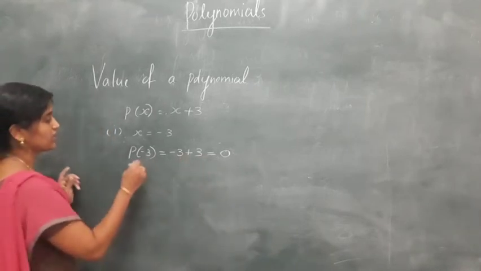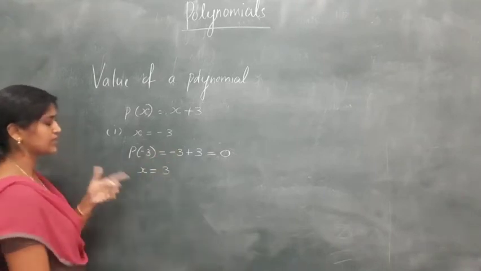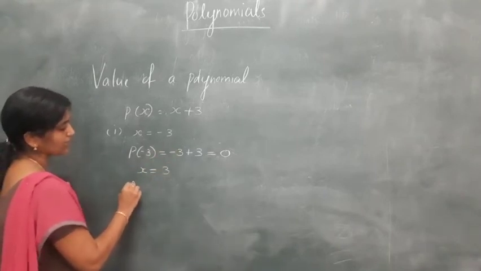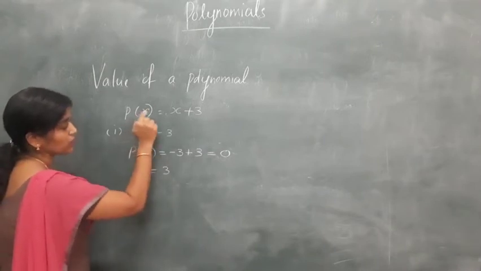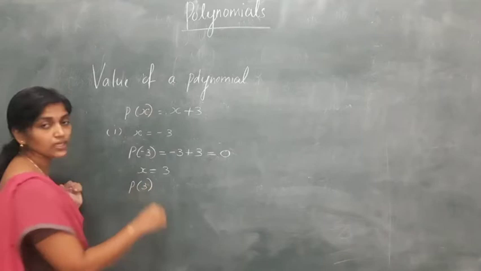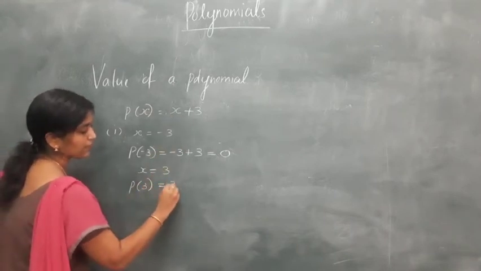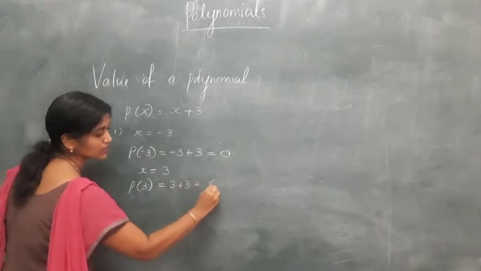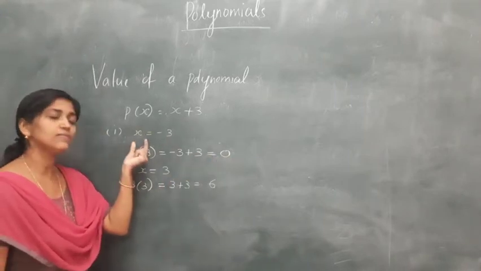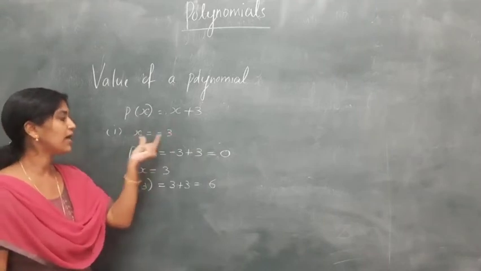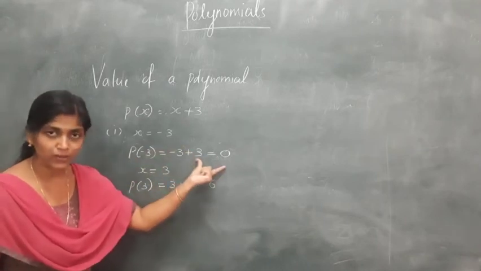Now I can give another value. Give x value as 3. Here I am giving the value of x as 3, so I can write it as p of 3. P of 3 is equal to, x value I gave as 3, so 3 plus 3, that is equal to 6. When I give the value of x as minus 3, the value I get for the polynomial, I call it the value of the polynomial.